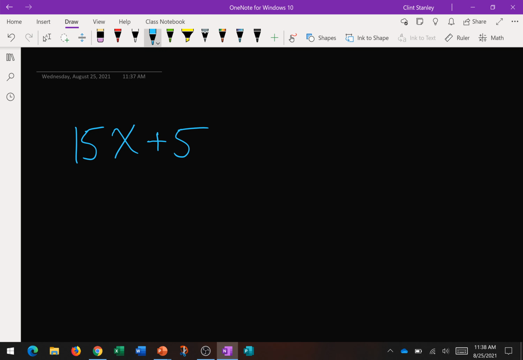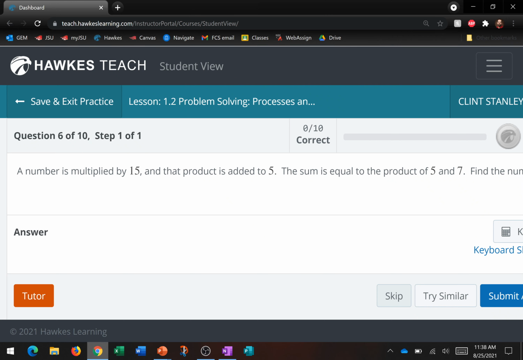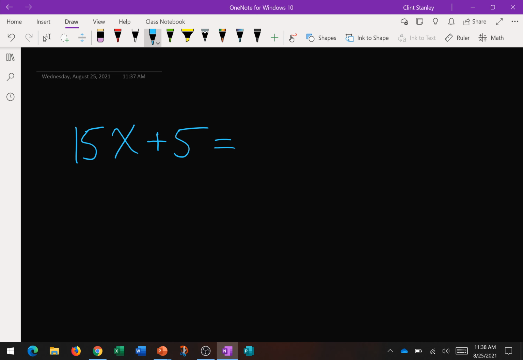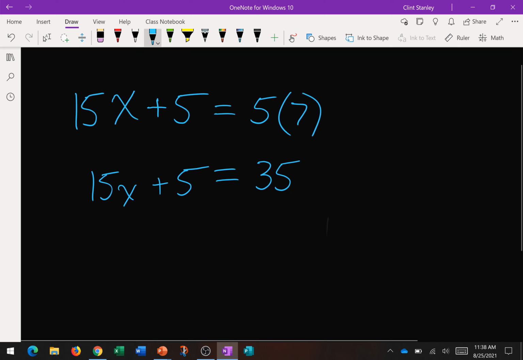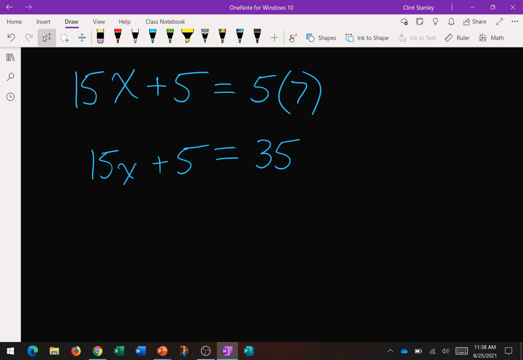And then it says that sum, that thing we get, is equal to the product of 5 and 7, so that means it's equal to 5 times 7. Really, we're just adding in one more step over there. We've got to do the 5 times 7 part. That's 35. And then it's just the same steps as we used before. We subtract 5 from both sides.